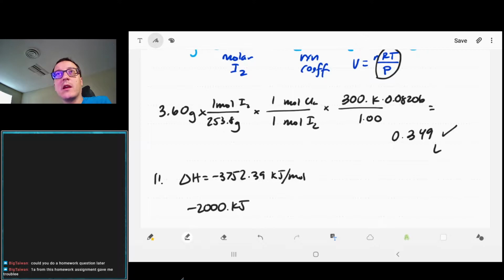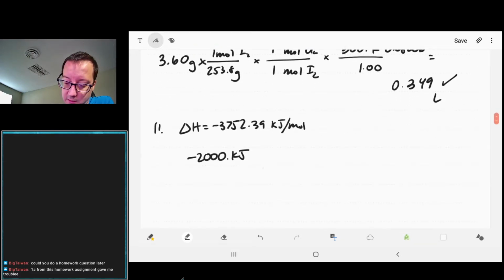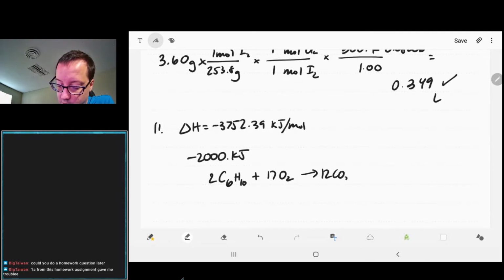Looking at number 10 then, number 10's answer gives us a coefficient of 17 for oxygen. So let me just write down the formula here. We have C6H10, 2 of those, plus 17 oxygens, turns into 12 CO2 plus 10 water. Okay, so that's our balanced reaction.